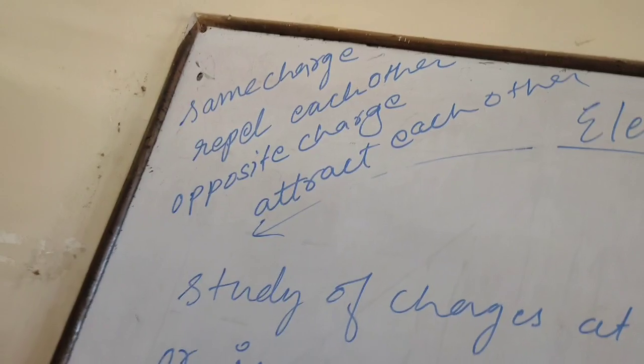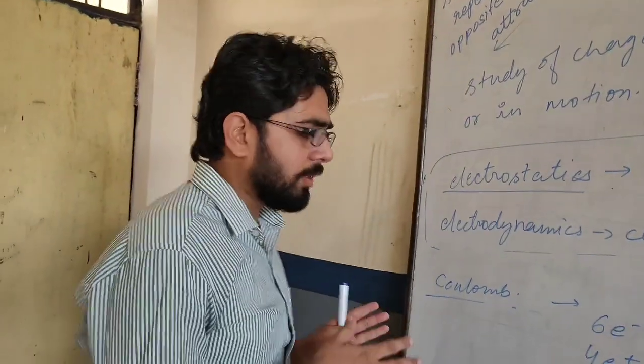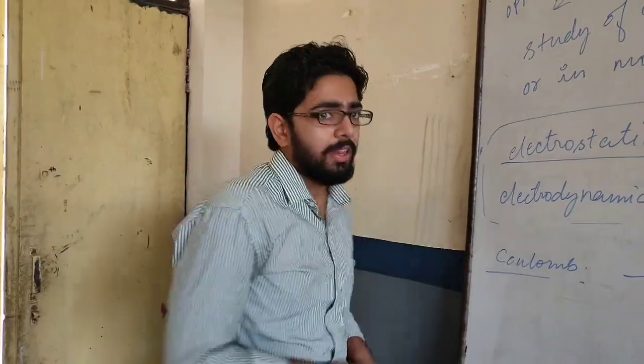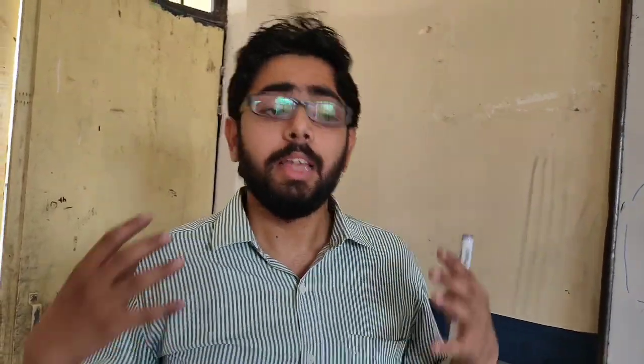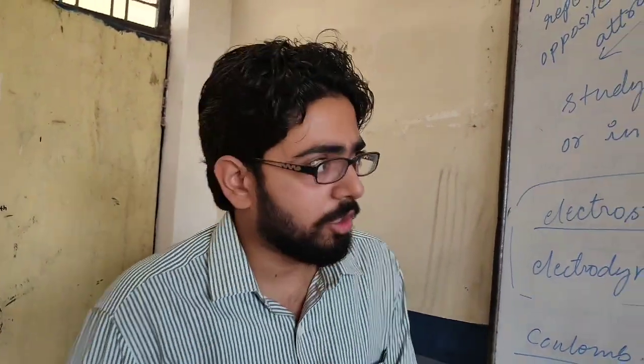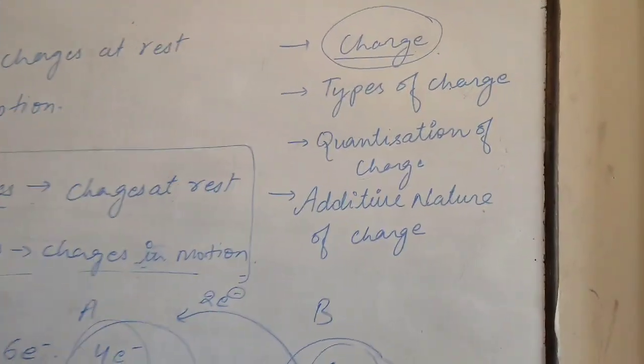These are the fundamental properties of charge. If same charges are there, like positive and positive, or negative and negative, they will repel each other. But if two charges are of opposite nature, like one positive and one negative, then definitely they will attract each other.